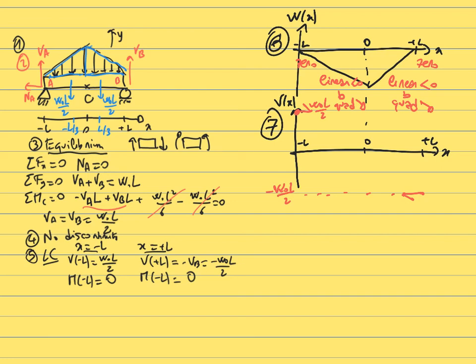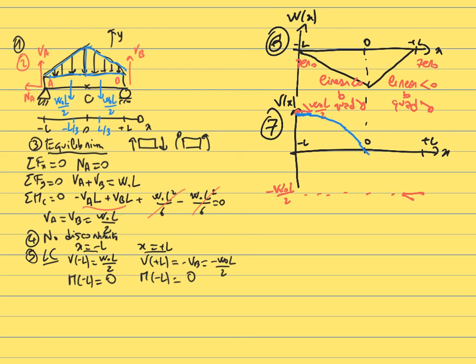So based on this, we have all the information to plot the shape of the internal shear. The internal shear starts at x equals minus L with a horizontal asymptote. Then the slope of the internal shear starts to decrease more and more. The slope is W, so W decreases more and more, so the internal shear decreases more and more. At x equals 0, you have an inflection point.